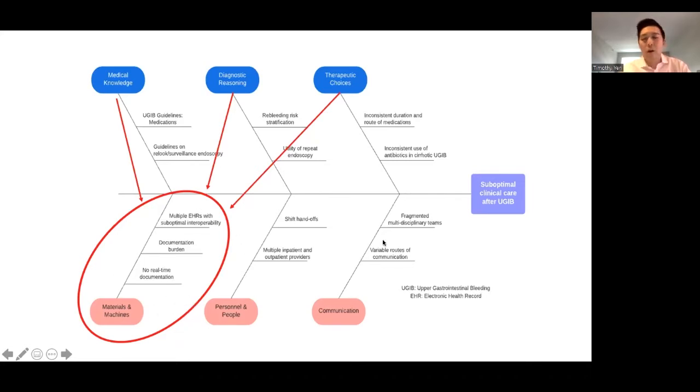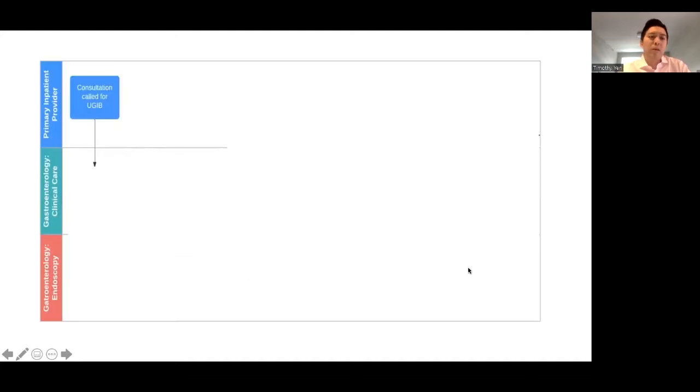And while there are a lot of other contributing factors, this serves as a core stopgap. To better illustrate this, you can use a diagram called a swim lane diagram, where it outlines how a workflow happens when there are multiple parallel processes.